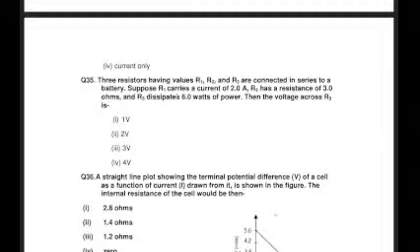Suppose R1 carries a current of 2.0 A, R2 has a resistance of 3.0 ohms and R3 dissipates 6.0 watts of power, then the voltage across R3 is: 1. 1 V, 2. 2 V, 3. 3 V, 4. 4 V. Correct. The answer is 3 V.